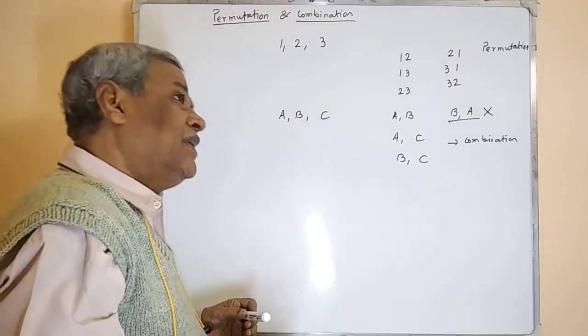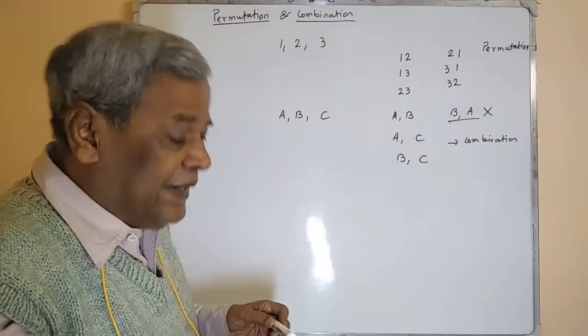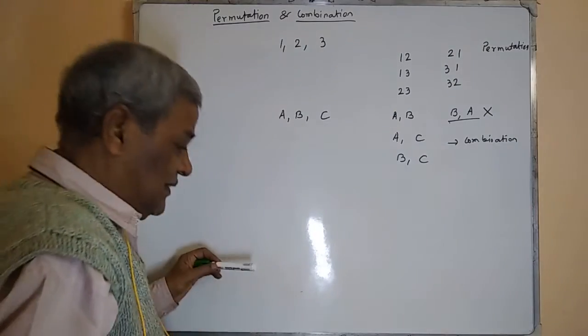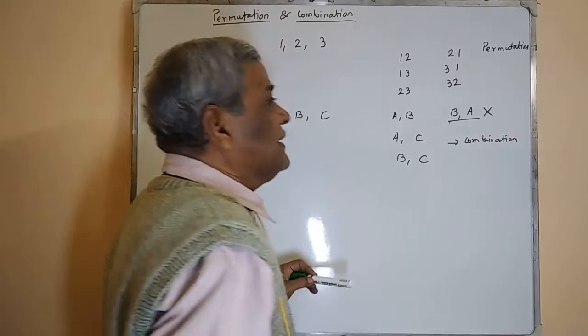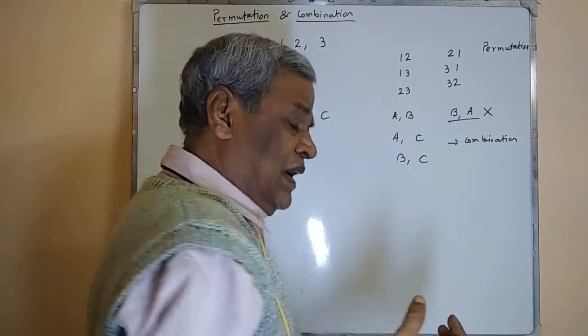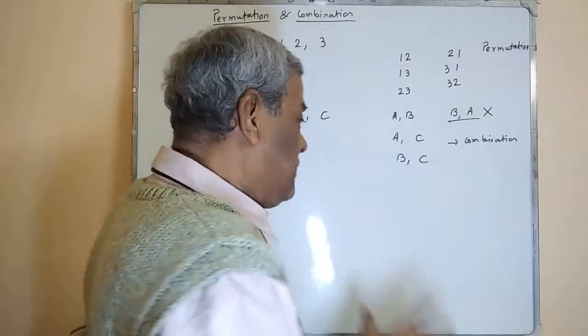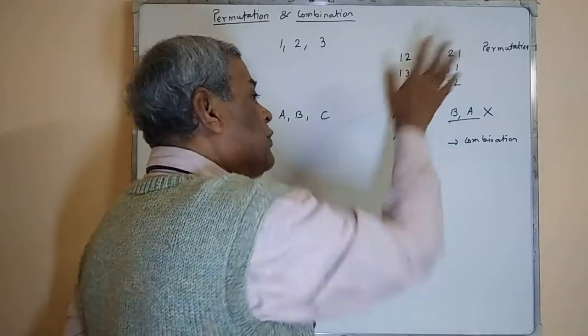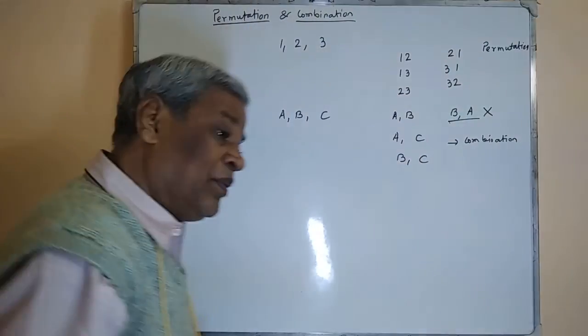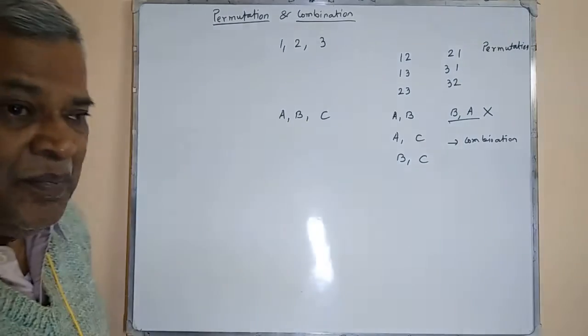You can use the formula or technique to find the answer. Some cases may appear which are different from what I just told, three types for permutation, three types for combination. Other than that, a problem may be given.